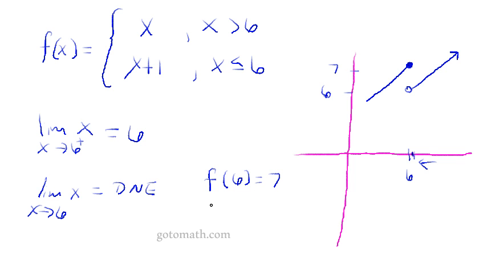But remember that the limit must exist as x approaches 6, and this limit does not exist, and that's where it actually fails. However, this function is continuous everywhere else on the real number line except at 6.